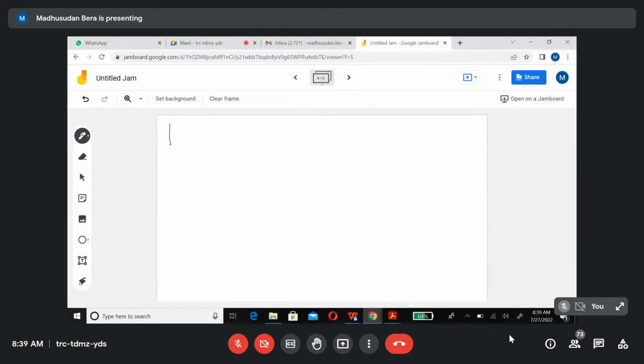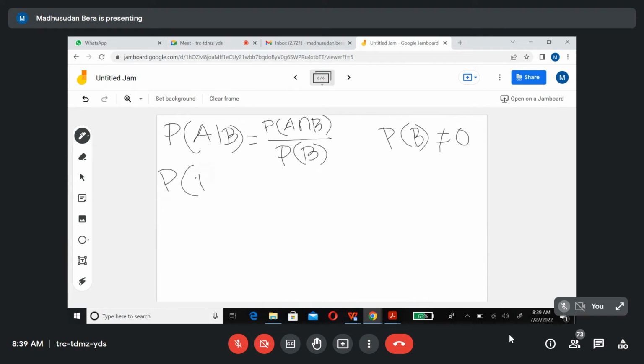So basically P of A given B is P of A intersection B divided by P of B, provided P of B is not equal to 0. Similarly, P of B given A is P of B intersection A by P of A, provided P of A is not equal to 0.